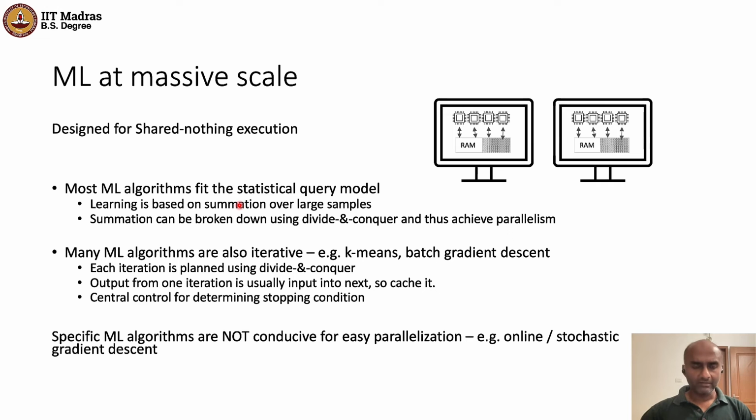So if that is the case, then the summation itself can be broken down using divide and conquer. And thus, you can achieve parallelism across a cluster of machines using a MapReduce style execution. Imagine the summation as just literally a sum. We spoke about this in, I think, week 3 or week 4, one of the earlier weeks. If you just had a sum and you did the sum over a cluster of machines using a shared nothing execution model, you would break it down as a sum of partial sums.